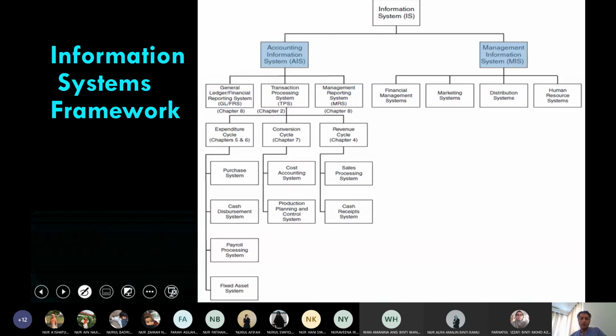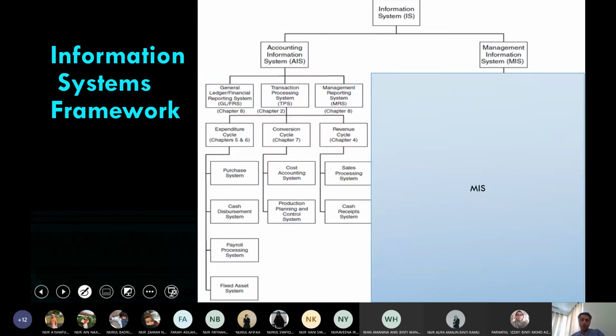Whereas for the accounting information system, we have the general ledger financial reporting system, the transaction processing system, TPS, and the management reporting system. If you notice, it is mainly about transactions and reporting, with the transaction processing in the middle, and the other two systems under the accounting information system are for reporting.